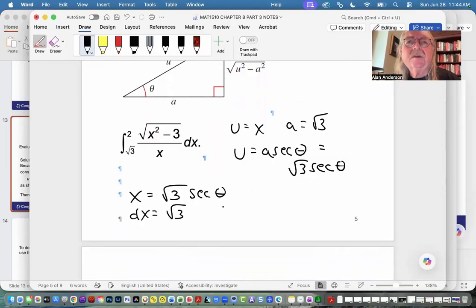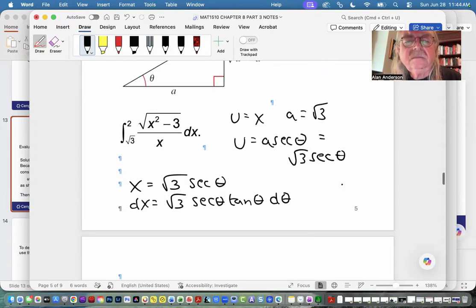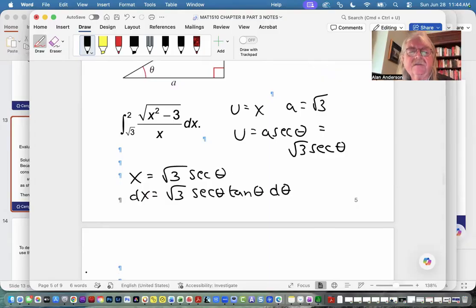So the derivative of the secant of theta is the secant times the tangent. Okay. And so we have a definition for x, we have a dx, we need something for x squared minus 3.